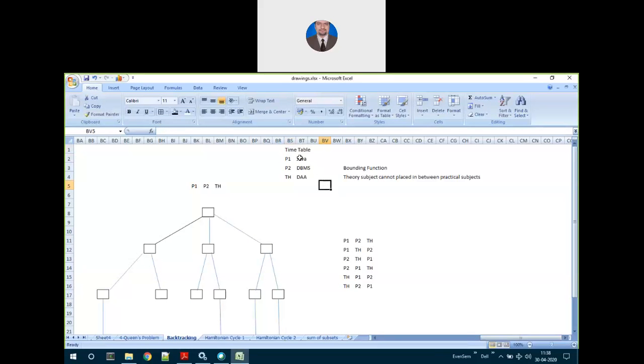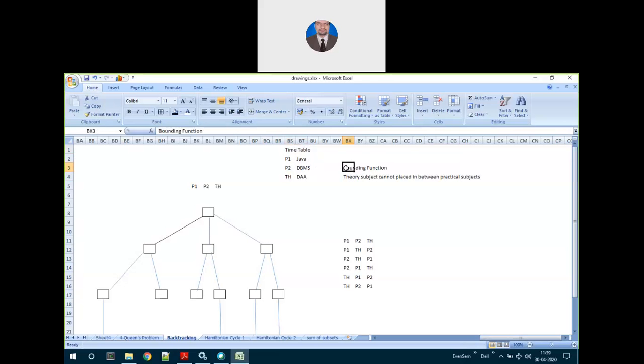The three subjects are Java, DBMS and DAA. I have given short names for them as P1, P2 and TH. P1 and P2 indicate practical oriented subjects, whereas DAA is a theory oriented subject. This is the given problem.